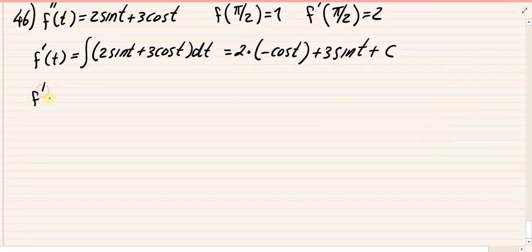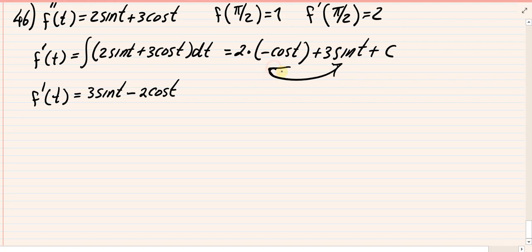Okay, f prime of t is therefore 3 sine t minus 2 cosine t plus a constant.